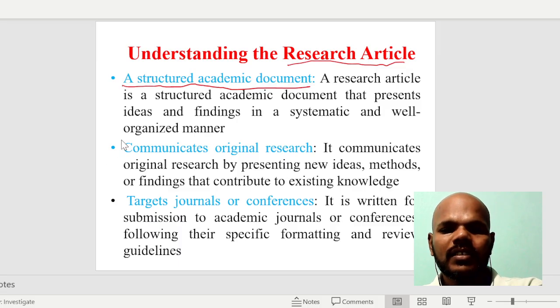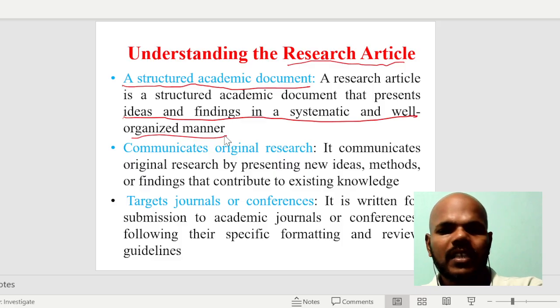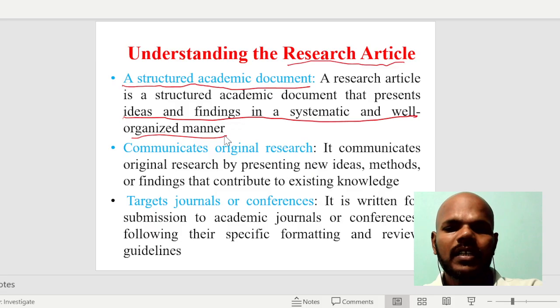It presents ideas and findings in a systematic, well organized manner. Simply put, a research article is a structured academic document that presents novel ideas in an organized manner.